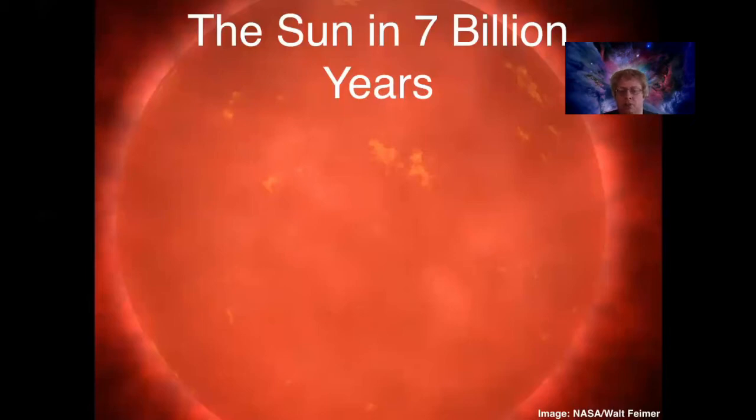So this would be the scale of the sun to scale. And for comparison, the star is now almost as large as the distance from the Earth to the sun today. So if the Earth is still here and in its same place, we would basically be grazing the sun. So it won't be a great place to be.